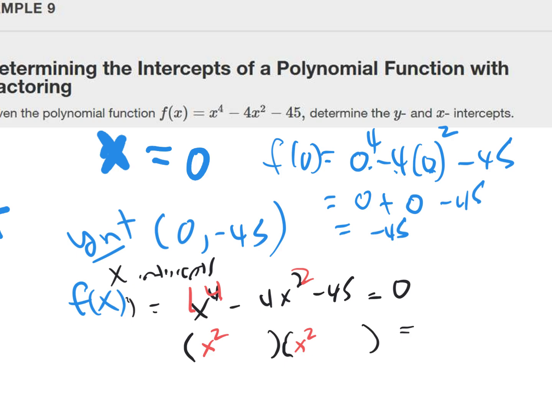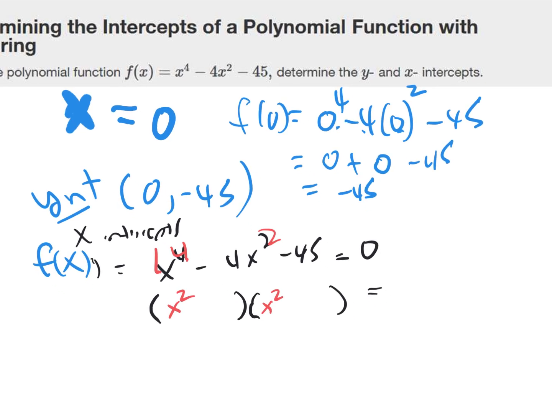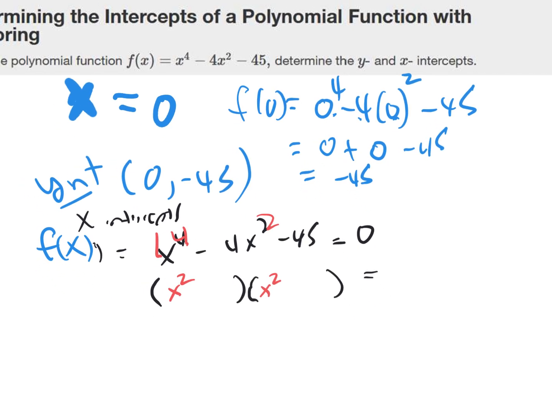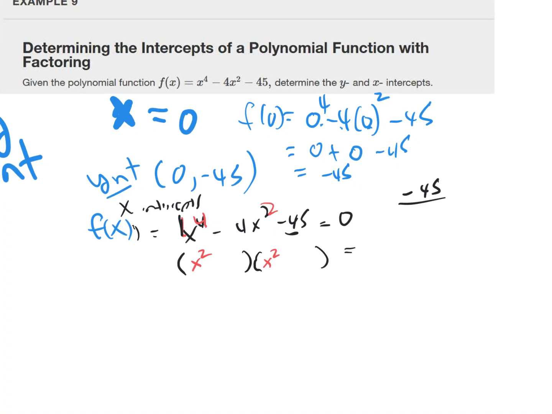Now, how am I going to find out what the numbers are that go after the x squareds? This can be really complicated for some, but here's what I'm going to do. Since that's a 1 and this is negative 45, I'm asking myself, what numbers multiply to get negative 45? One number has to be positive, one has to be negative.